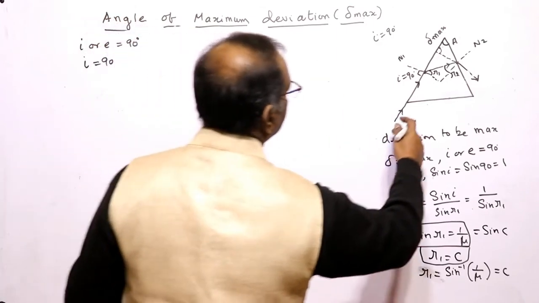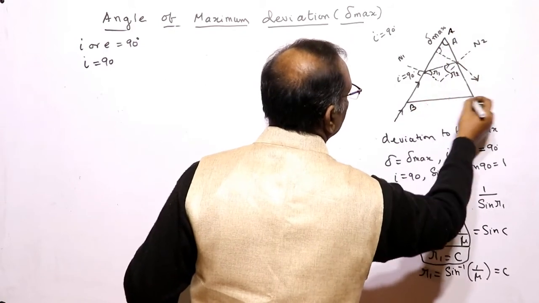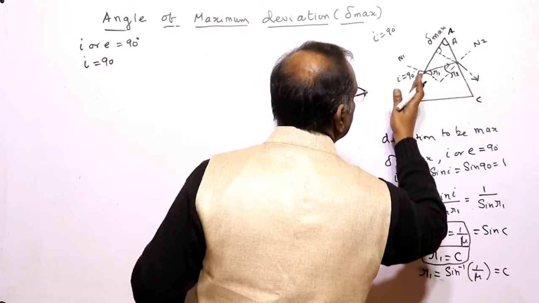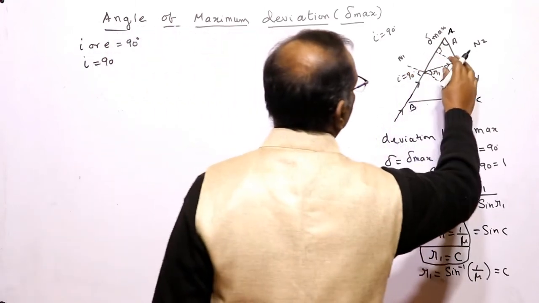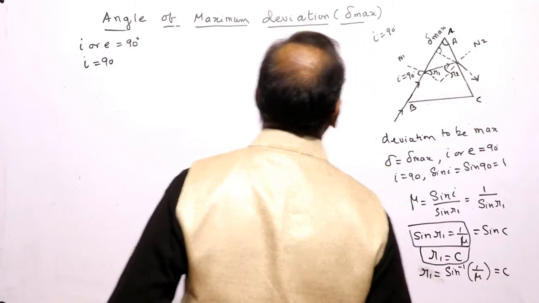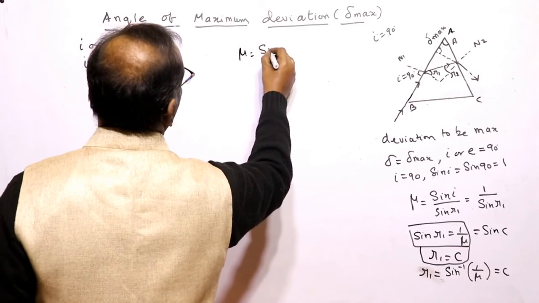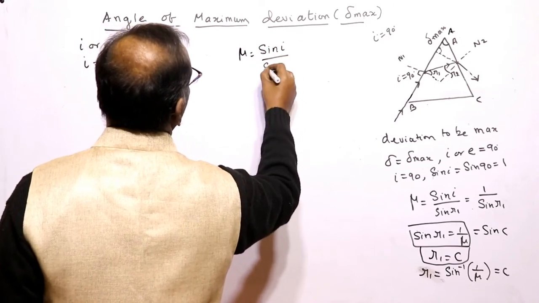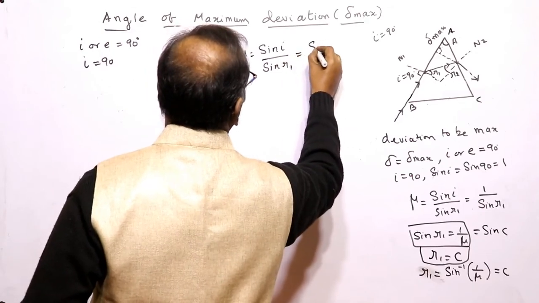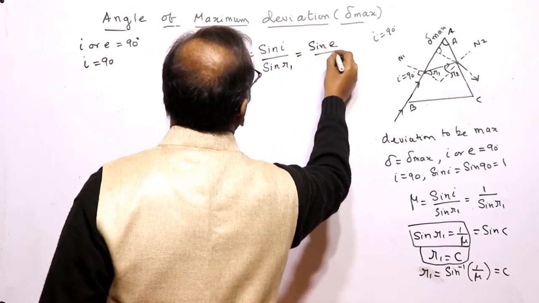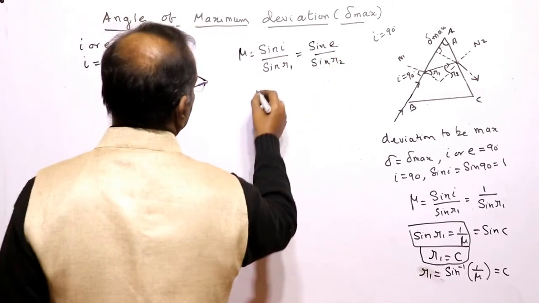So I is equal to 90 means the incident ray is grazing face AB, undergoes refraction through the prism and emerges out. So mu is equal to sin I by sin R1, which is also equal to sin E by sin R2.